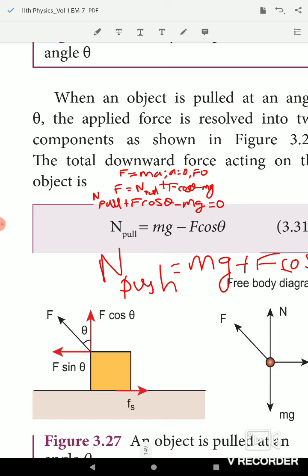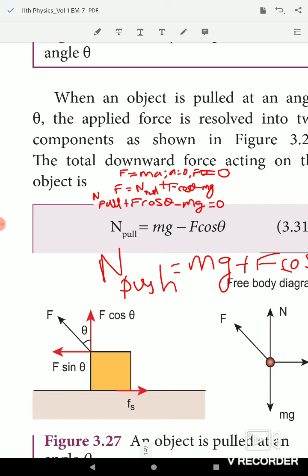Fs acts in the positive x direction. So you write F equal to ma, a equal to 0, so net F equal to 0.